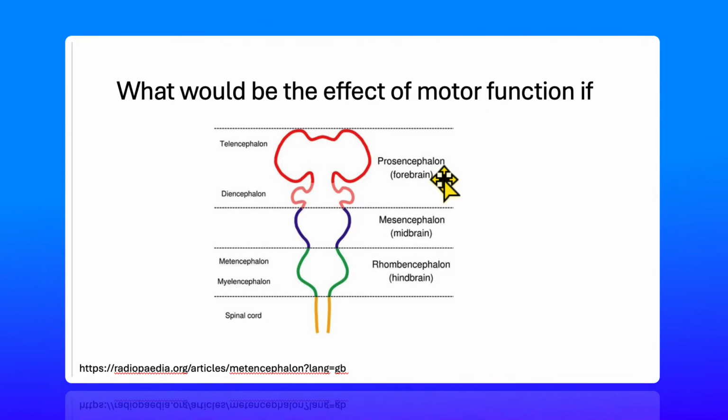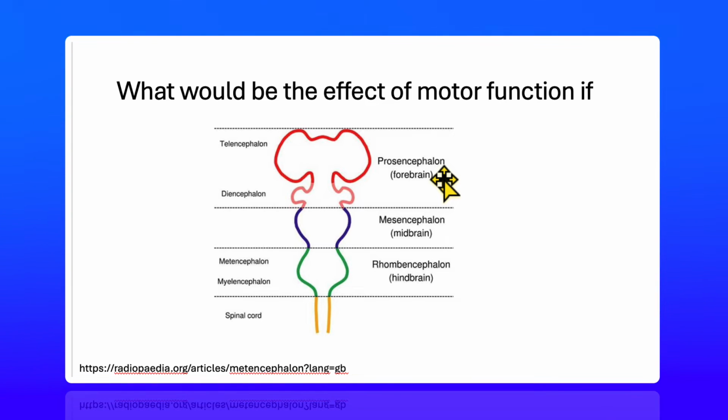Now, if you will remember our embryology, the central nervous system can be divided into forebrain, midbrain, hindbrain, and spinal cord. The forebrain is made by the telencephalic and diencephalic structures.